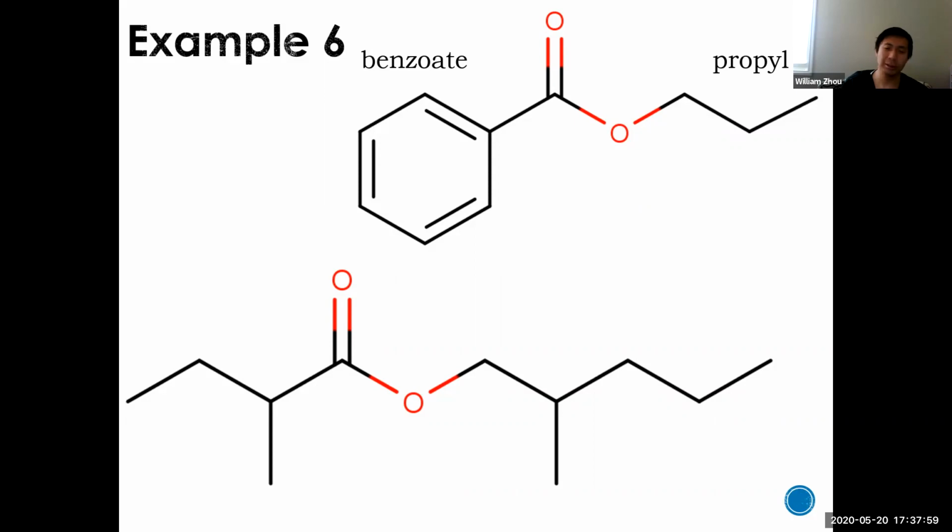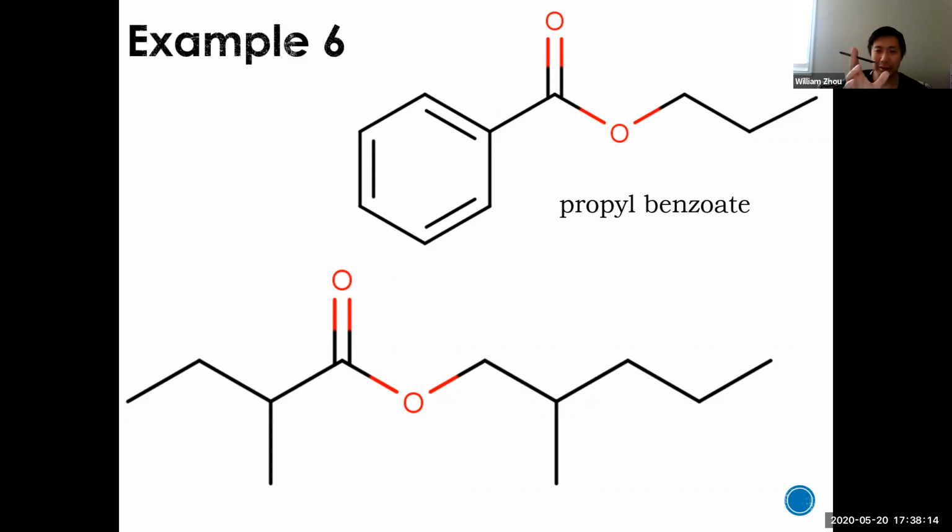See how this works? You simply put them together. That will be propyl benzoate. That's it. The trick is to recognize that the benzoic acid is on the left side. You just name it benzoate. That's the only difficult part. The propyl is very trivial.